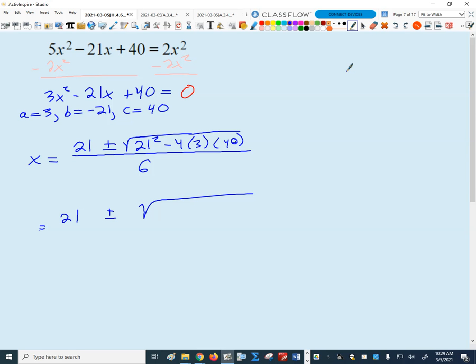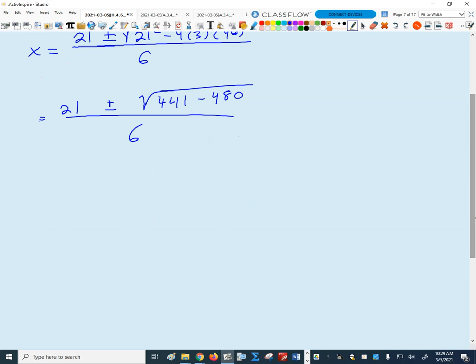All right, so this is going to give us 441 minus, let's see, 3 times 40 would be 120, times 4 is 480. Okay, all divided by 6. So what can we do here?